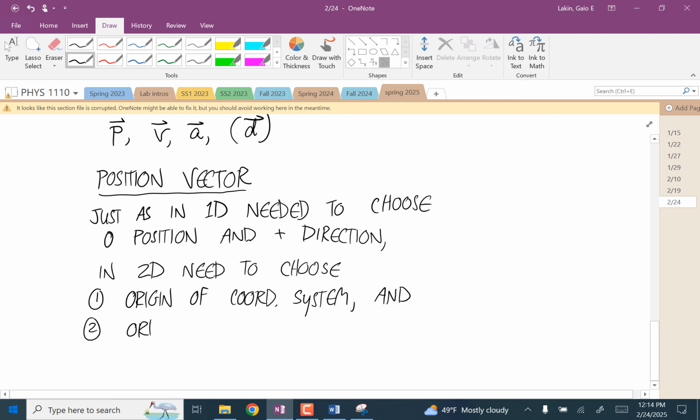Like what we were just doing in that problem I just did, the orientation of the coordinate system was given by the direction that x was pointing and the direction y was pointing. Not origin, orientation. Sorry. Orientation.